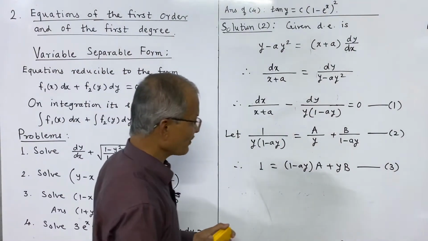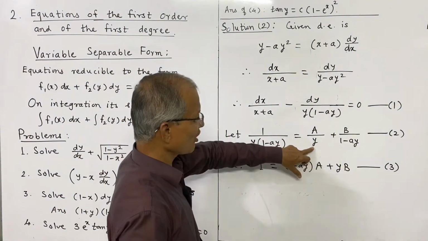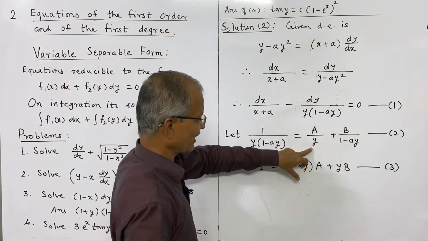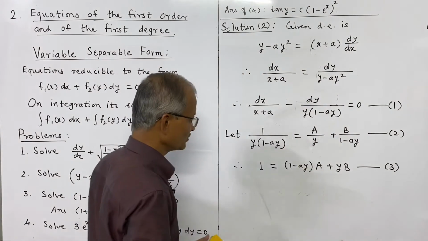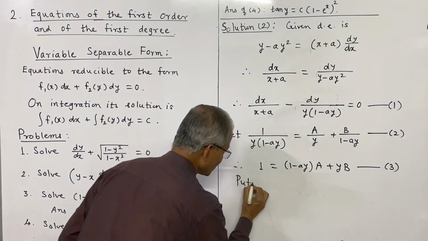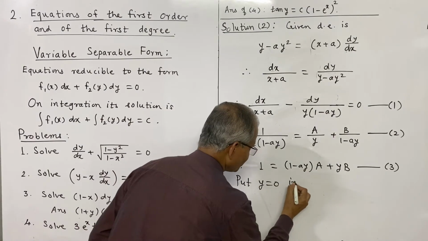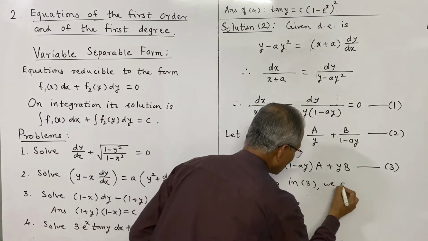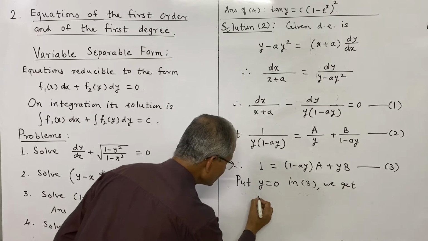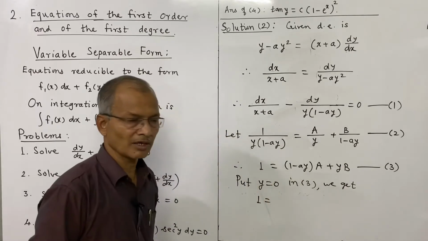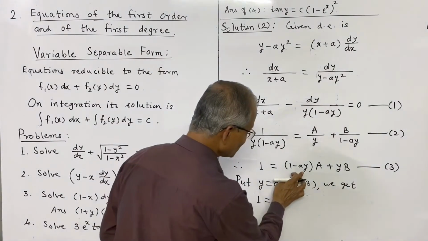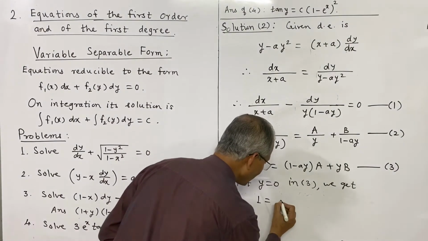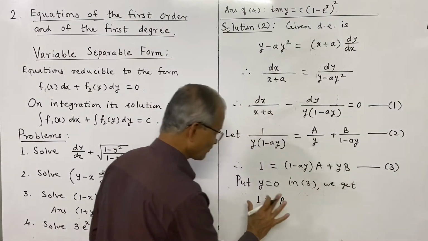To get the values of a and b, we equate the denominators of these fractions to 0. So put first y is equal to 0. Put y is equal to 0 in 3. There is no change on the left side, it is constant, and y is 0 means it is 1, and therefore 1 into a, and the other term is 0. So 1 is equal to a.